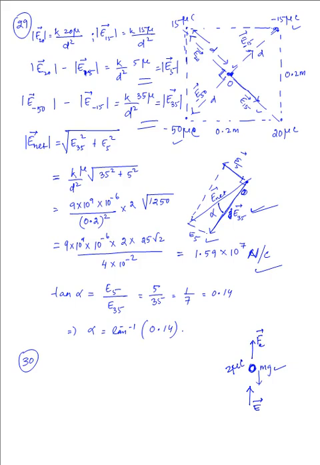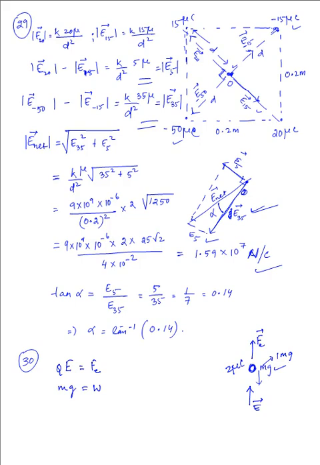Now the mass that has been provided is 1 milligram. So as far as the equations are concerned, we have the charge times the electric field equal to the electrostatic force, and we have the weight equal to mass times the acceleration due to gravity.